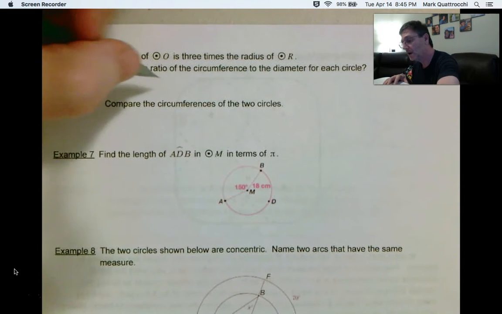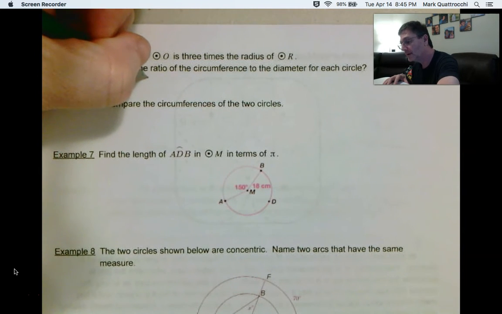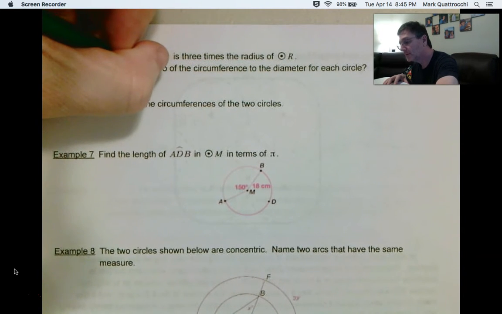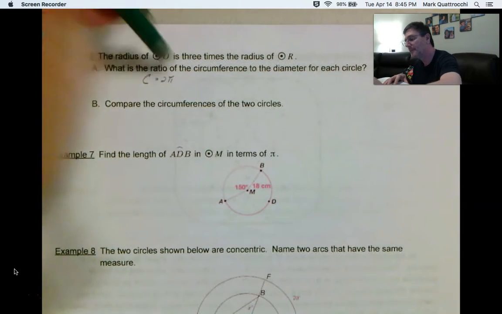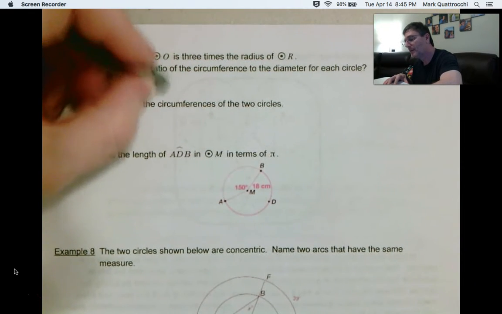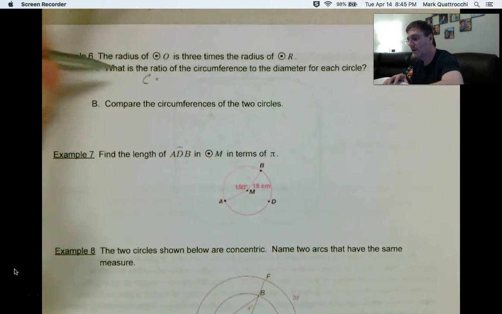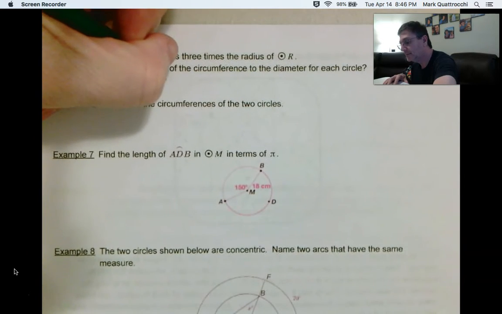So circle O, radius r, circumference equals 2 pi r, which is d pi.